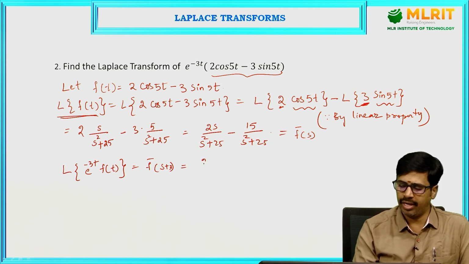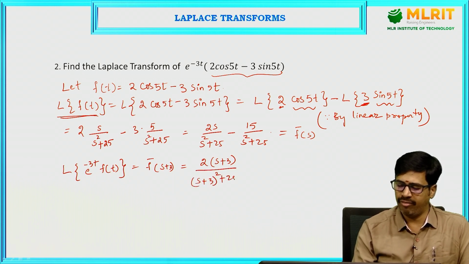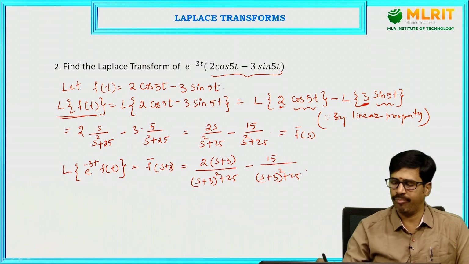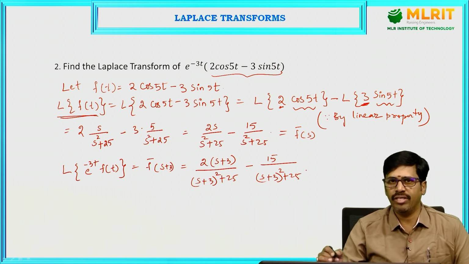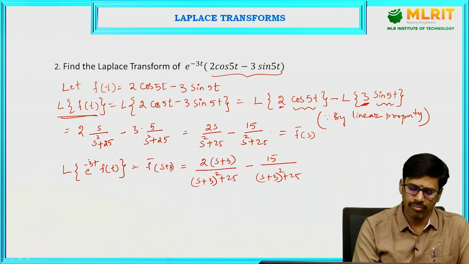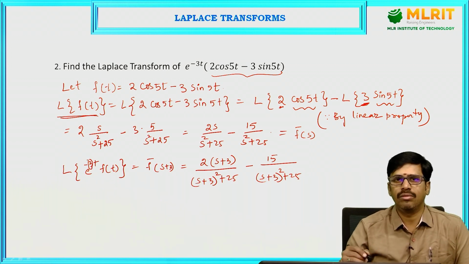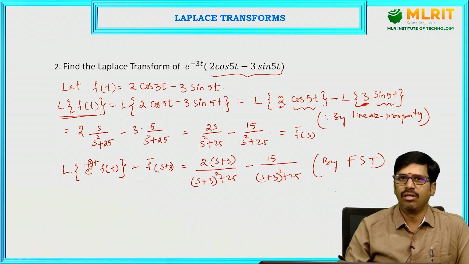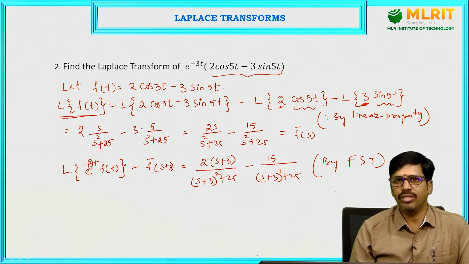So, this can be written as 2 times s plus 3 upon s plus 3 whole square plus 25 minus 15 upon s plus 3 whole square plus 25. Just in place of s, we are replacing with s plus 3, because a is equal to minus 3. This is by the first shifting theorem.